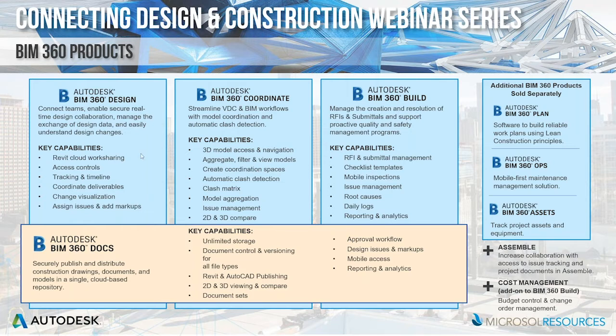Here, as I walk through this, you can see some of the key capabilities of each one. In addition to the 4 main products, there are also a couple of add-on products over here to the right. There are additional ones that you can look up as well, but these are the ones that I wanted to highlight here.